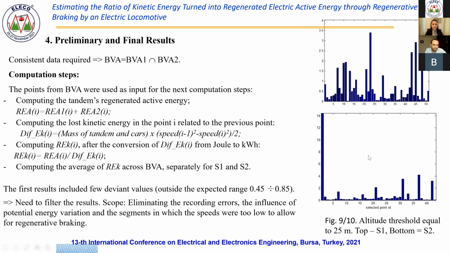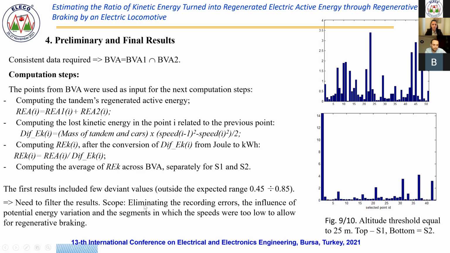And we could not use the data that we got in a first instance because we found some deviant values. And so we expected a range of values from 0.45 to 0.85, such as to match the information we had from the first slide. So we need to filter the results.